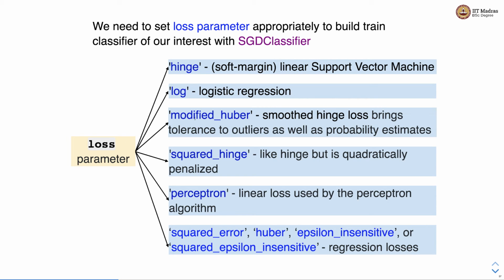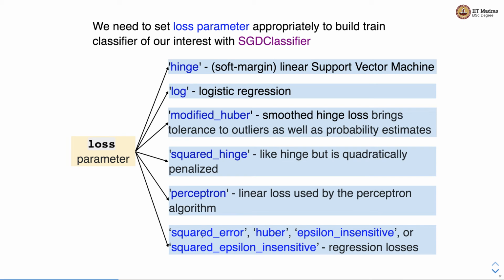When we set the loss to modified Huber loss, we get a smooth hinge loss that is tolerant to outliers, as well as probability estimates in case of linear support vector machines. Squared hinge loss is just like hinge loss, but it is quadratically penalized. When we set the loss parameter to perceptron, we are effectively training the perceptron algorithm.